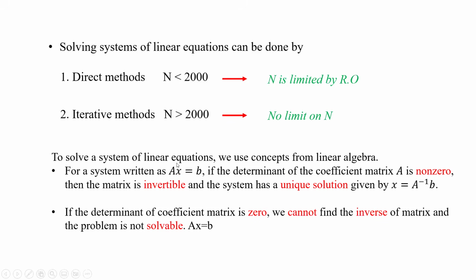If the determinant of the coefficient matrix A is non-zero, then we can find the inverse of the matrix A, and the system has a unique solution. But if the determinant of the coefficient matrix is 0, then we cannot find the inverse of the matrix A, and the problem is not solvable.